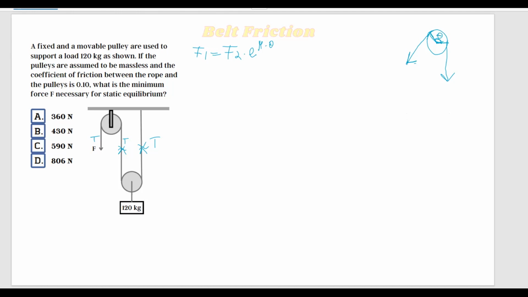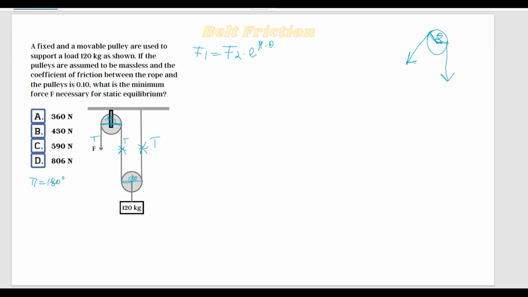Now, in our case, our cables are going straight down. So this is where the cable is tangent to the pulley. So the angle theta is going to be equal to 180 degrees in both cases here, which in radians is going to be pi. So pi equals 180 degrees.